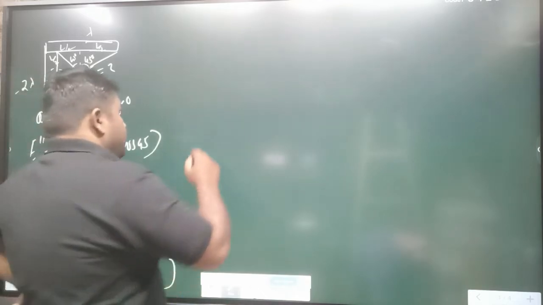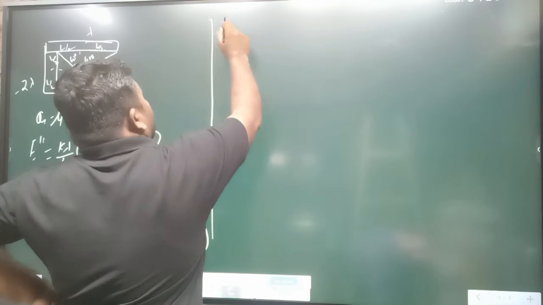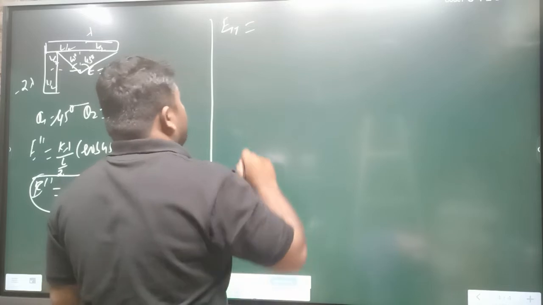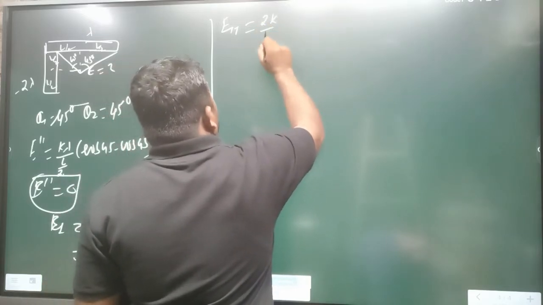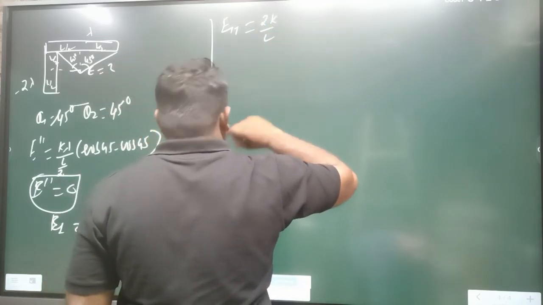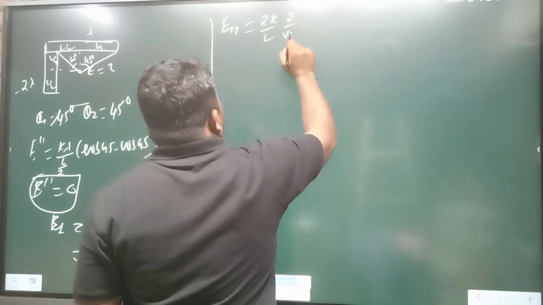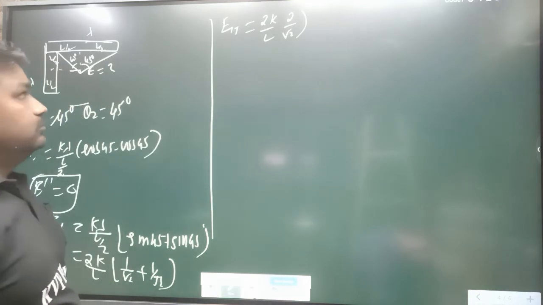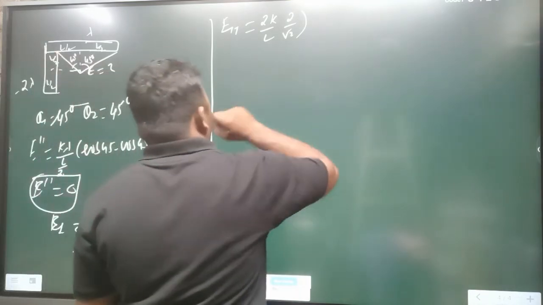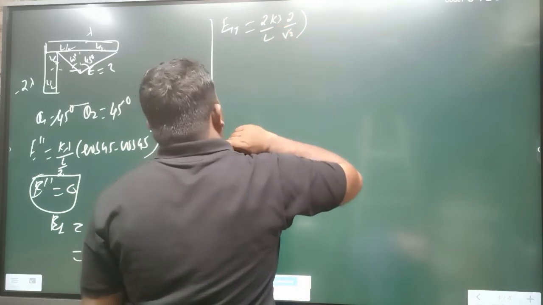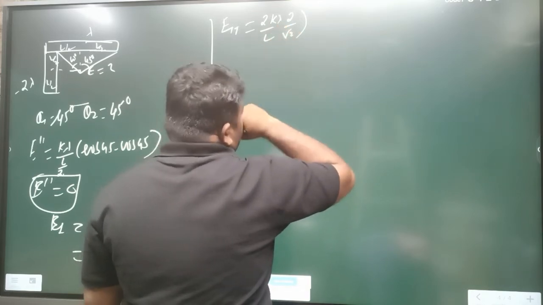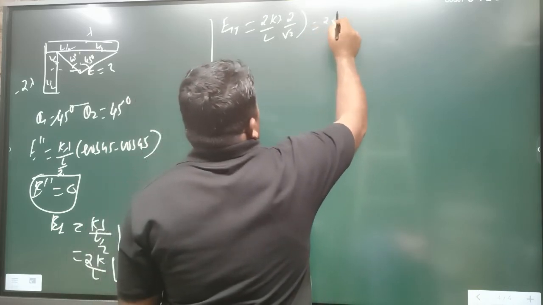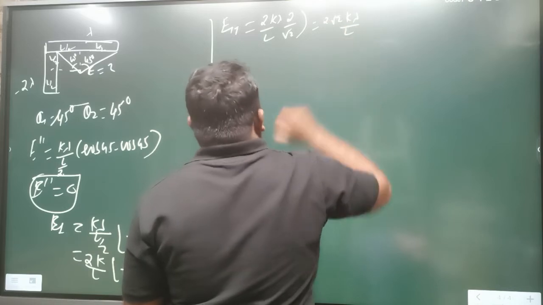Multiplying and dividing by root 2, this becomes 2 root 2 K lambda upon L.